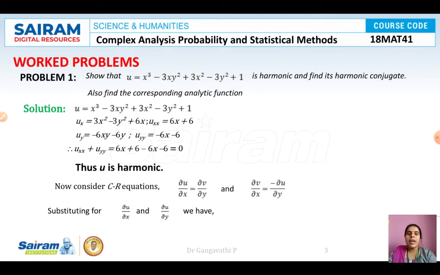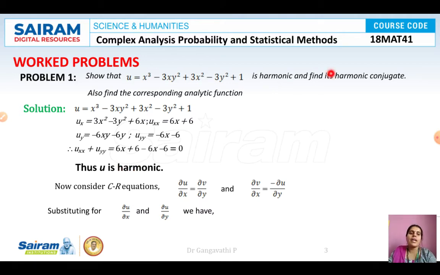So del square u, that is dou square u by dou x square plus dou square u by dou y square, is 0. It means that u is harmonic. It was asked to show that the function is harmonic first, so we have proved u is harmonic.